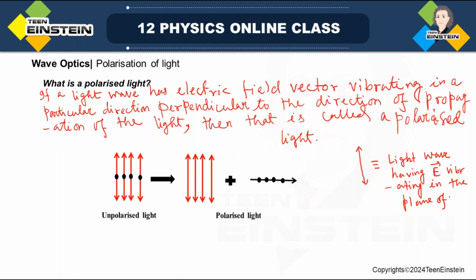So this is called electric field vector oscillating in plane, that means oscillating in the plane of the paper.